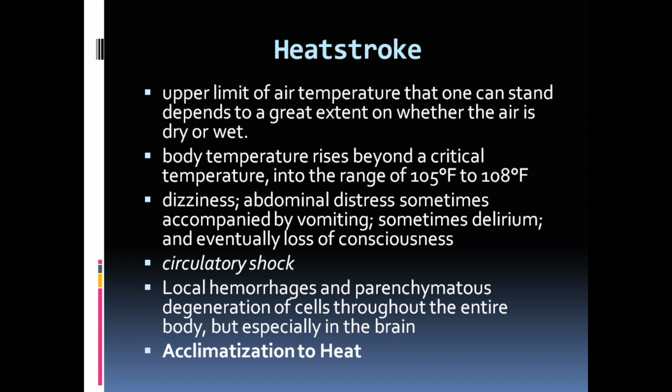As we have seen in the last class, acclimatization allows higher sweat production, lesser loss of electrolytes, and also causes the plasma volume to increase. All this acclimatization occurs when the person is exposed gradually to the heat, and it allows a person to stand a higher environmental temperature.